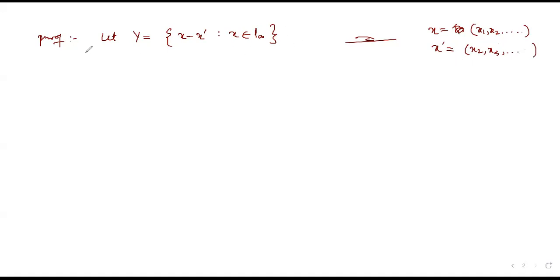Then we claim that y is a subspace of L infinity.